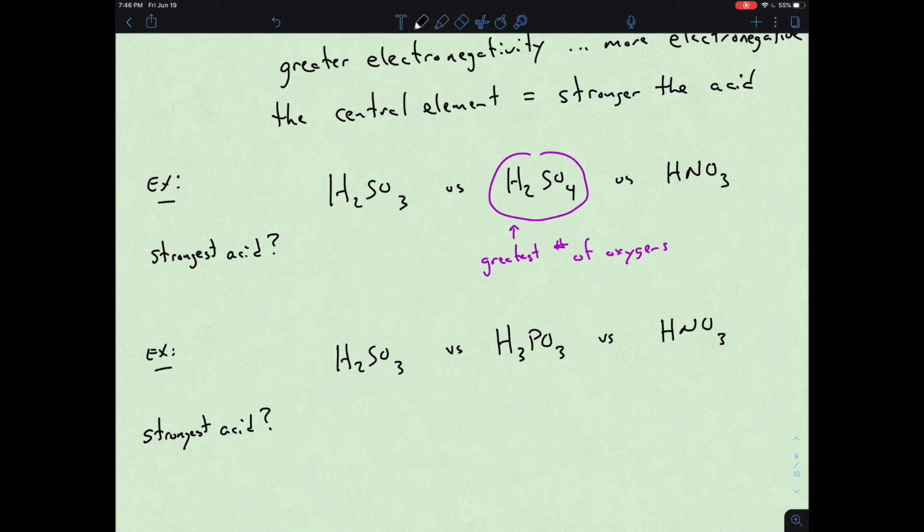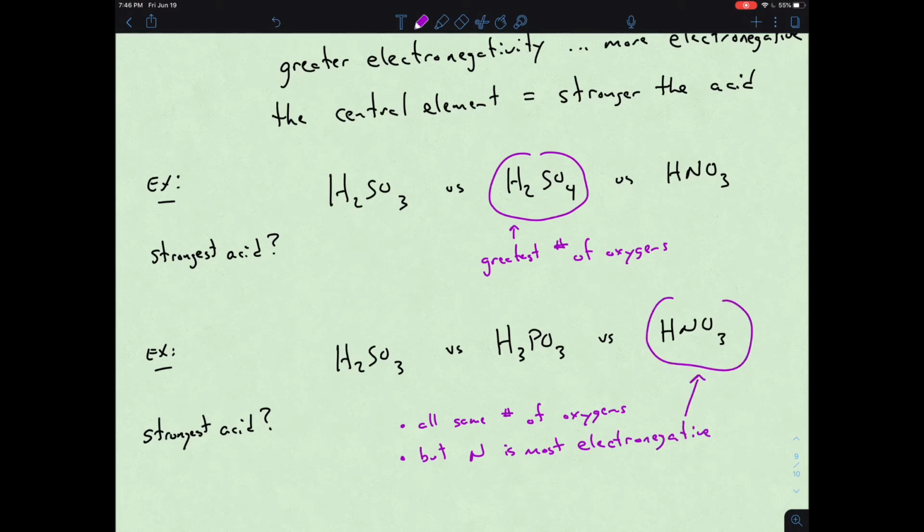And so here we have all have the same number of oxygens, but nitrogen is the most electronegative. So that's why nitric acid would be the strongest of the oxy acids.